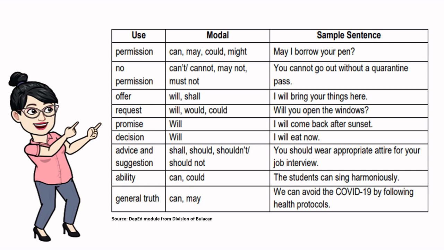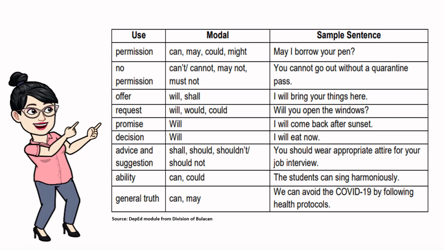Advice and suggestion. Shall, should, shouldn't or should not. You should wear appropriate attire for your job interview. Ability. Can, could. The students can sing harmoniously. General truth. Can, may.